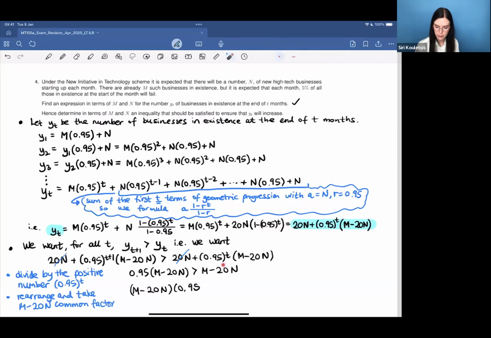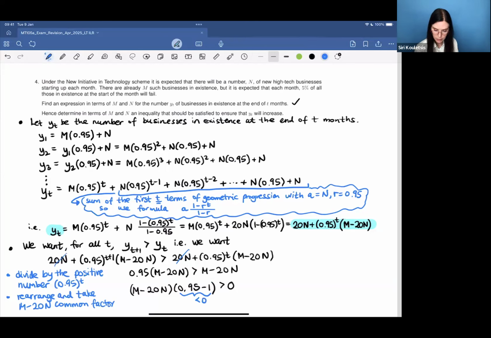If you think of now sending this whole thing to the other side, you're going to have a minus 1 times m minus 20n. And this is all greater than 0. And now we're getting somewhere, because 0.95 minus 1 is clearly something negative.